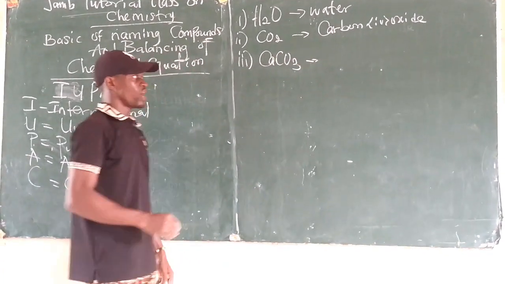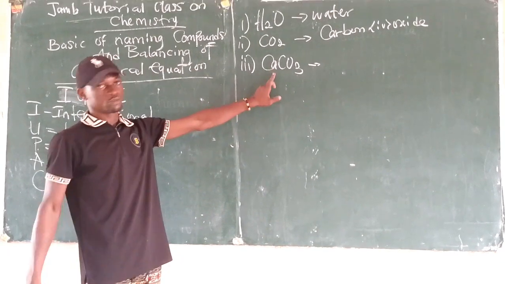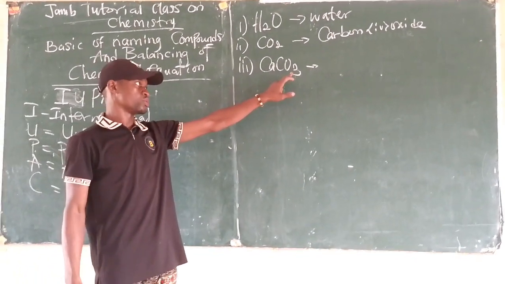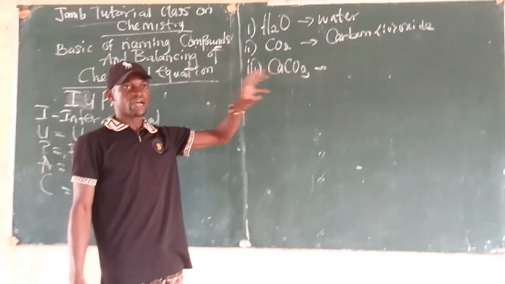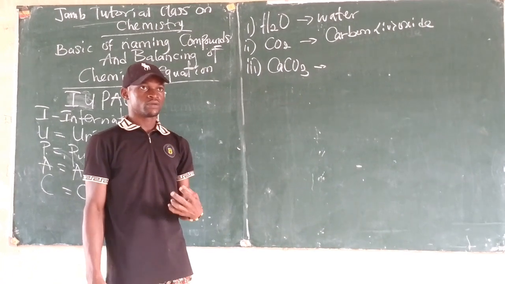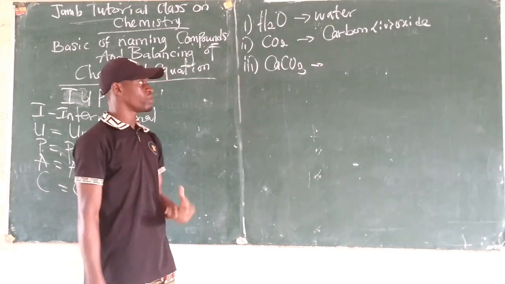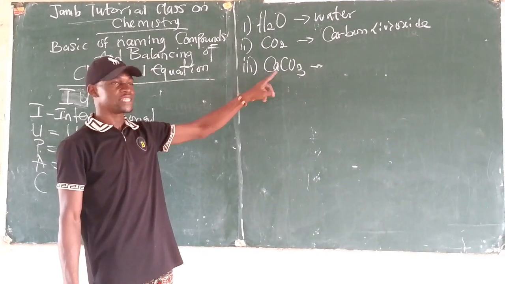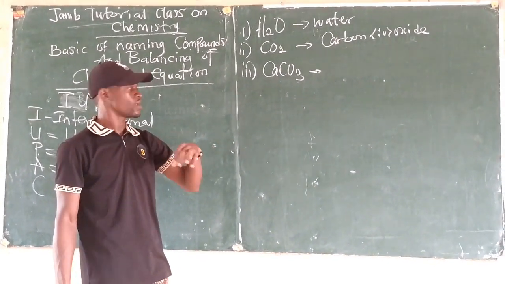Now we have 3 elements here: 1 atom of calcium, 1 atom of carbon, and 3 atoms of oxygen. Under IUPAC, the important thing you should take note of in naming compounds that involve 3 elements is this: the first element, give it its original name, its exact name.